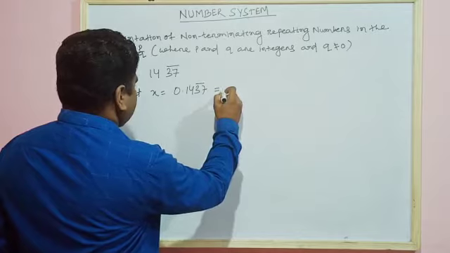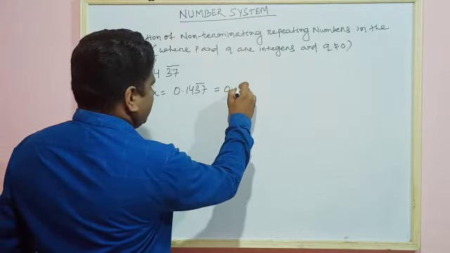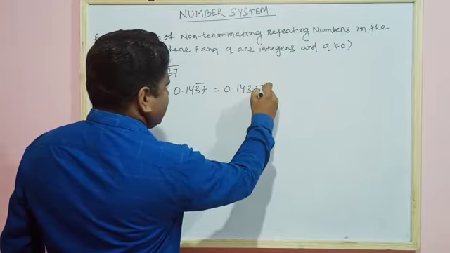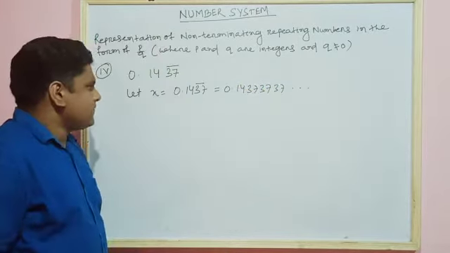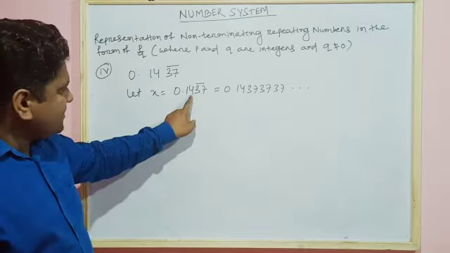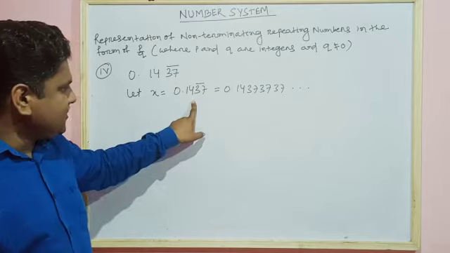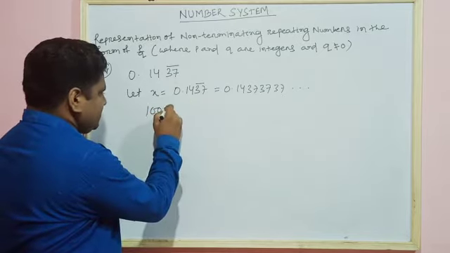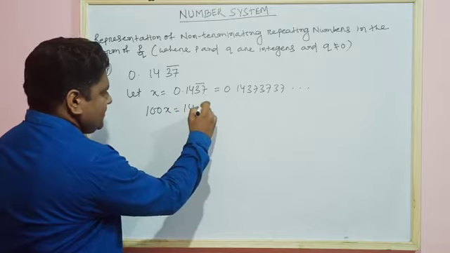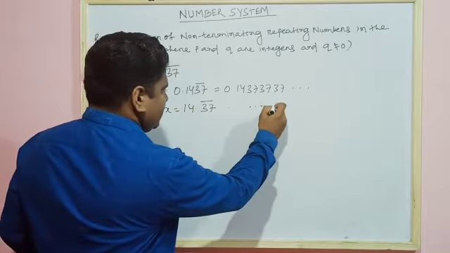It is also equal to 0.14373737 and so on. On 2 digits bar is not present, so we have to multiply with 100. So 100x equal to 14.37 bar. Let it be equation 1.